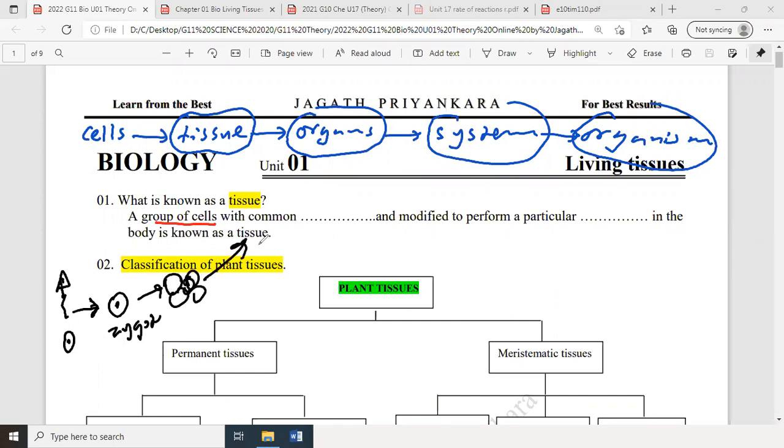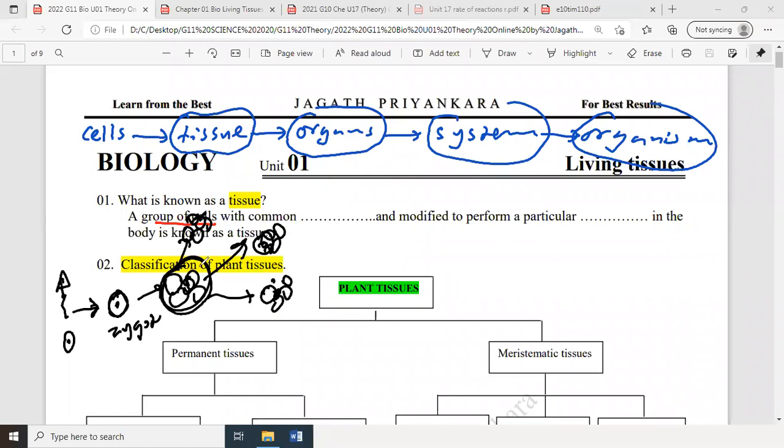Some of these cells get specialized to form the heart, some form the lungs, some get differentiated to form the brain. So this is differentiation and specialization. That's why they have a common origin. Even though they are different tissues, all come from the zygote in the end.